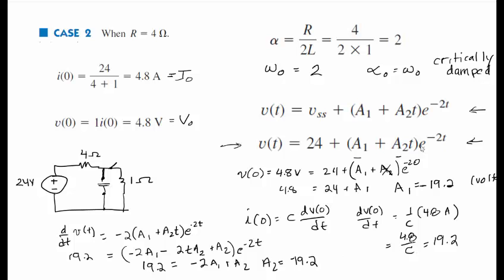Then you put all of those numbers back in here, the A1, the A2, the root, and the 24, and you get the full solution that describes the voltage across the capacitor for all time, or for time greater than 0, I should say. And then if you want the current in the loop, you take the derivative of this, and you can get the current in the loop as well.